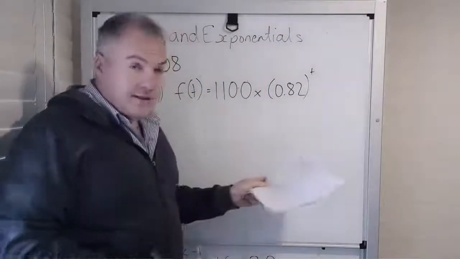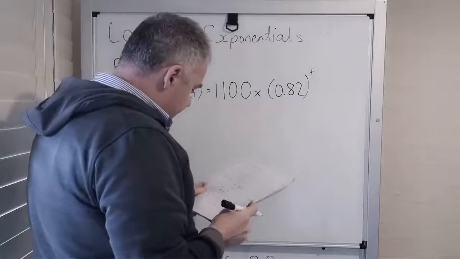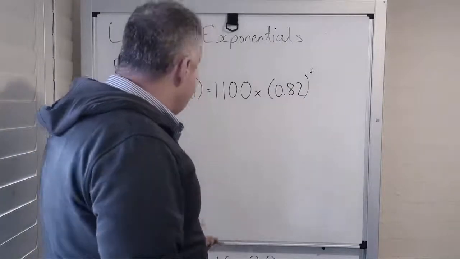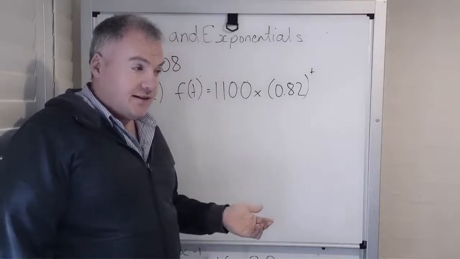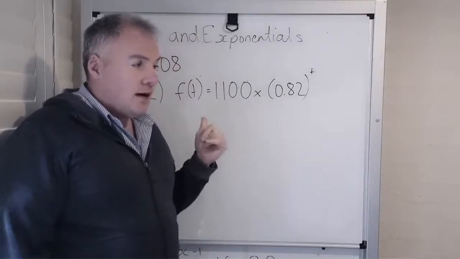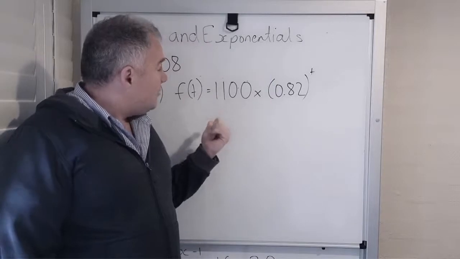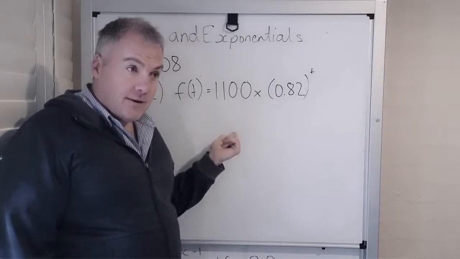Okay, it gives you that equation, and then it says, what's your initial value and your growth factor? Okay, and it's just aligning those two ideas: what's your initial value, and what's your growth factor.